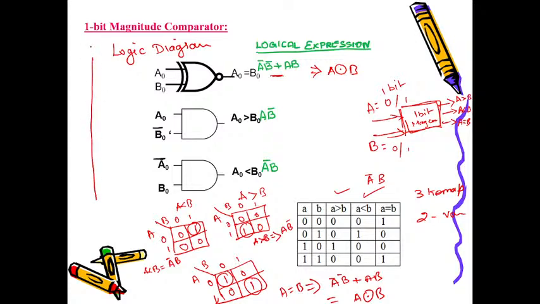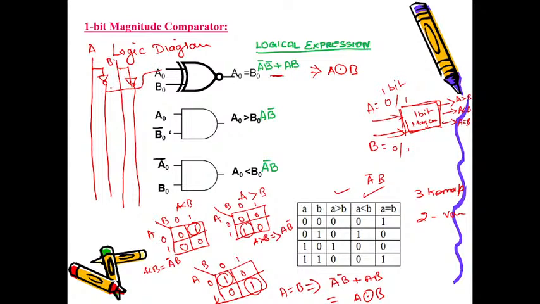You can put A bar, B, B bar. This is B. And from here you can tap it. Sorry, that is A, right? A, B not.